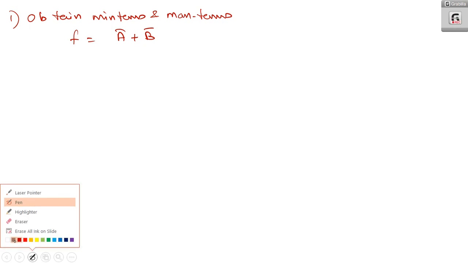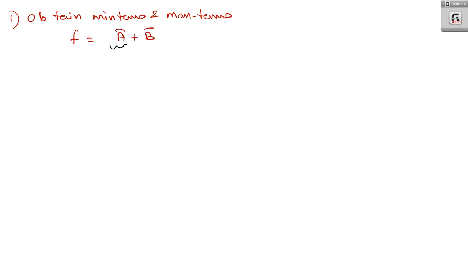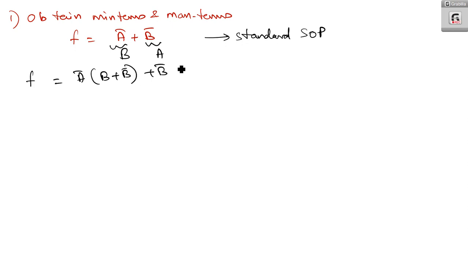In the first term b is not there, and in the second term a is not there. So first I am going to find the standard SOP form. So f is equal to a bar and b or b bar, or b bar and a or a bar.